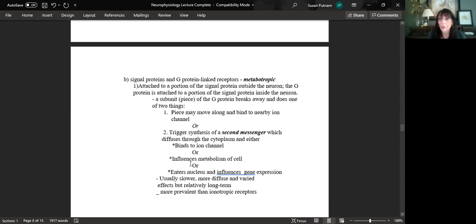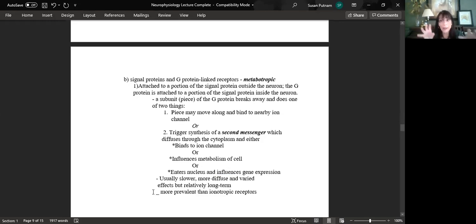Or I could influence, as this second messenger, the metabolism of the cell. I could change metabolic processes inside of the cell. Well, I'll be darned, look at that. These are called metabotropic. Okay, makes sense. Or I could enter the nucleus.